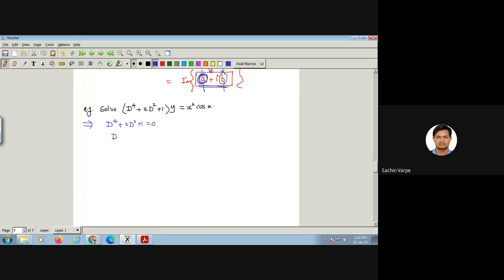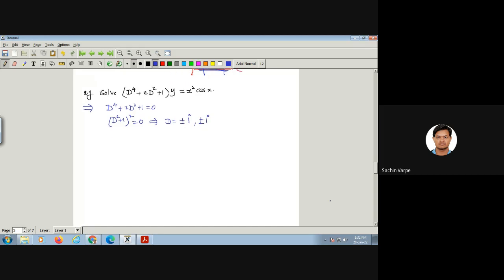तो क्या होगी इसके रूट्स? This is actually the expansion of d square plus 1 the whole square. Yes or no? So it gives the root d equal to plus minus I plus minus I. Isn't it? So with this two complex repeated root, how do I write the complementary function?